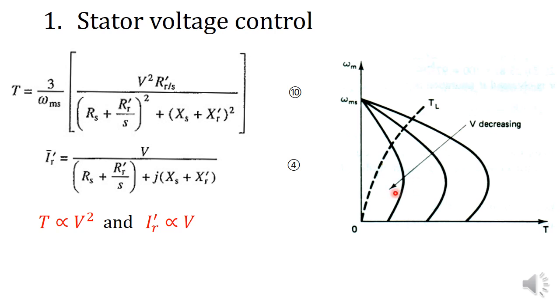So when we compare these three curves, you can see that the shape of the curve is retained, but the position of the curve shifts left or right according to the value of voltage. That means the torque speed characteristics shrink or grow according to the value of applied voltage.